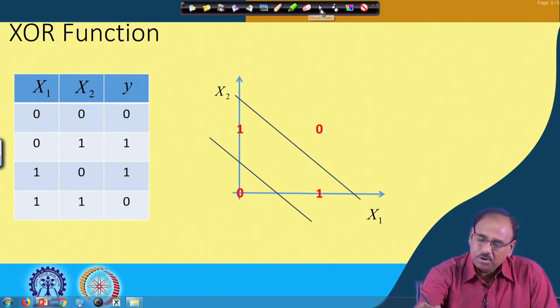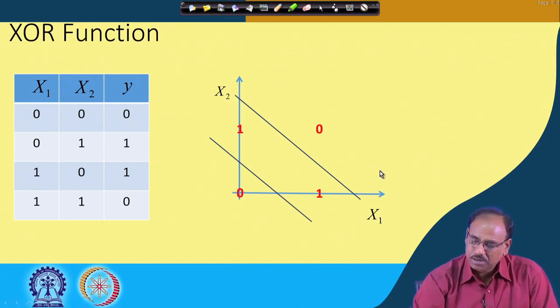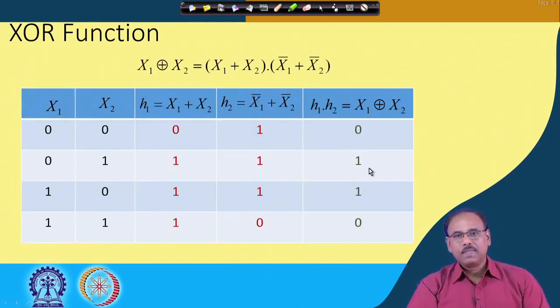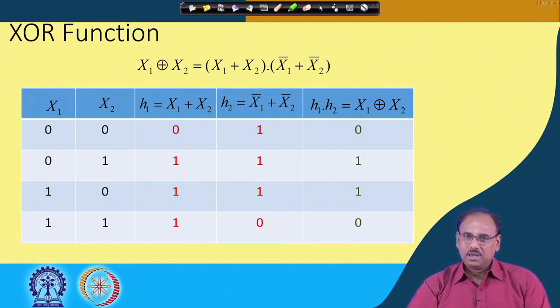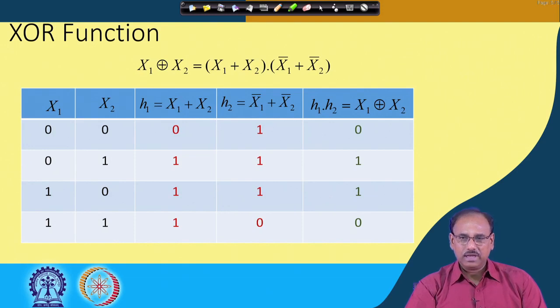So, you know from your digital circuits course that an XOR function, x1 XOR x2, can be broken into a multi-step function. So, what I can do is perform an OR operation of x1 and x2, and I can also perform a NAND operation of x1 and x2.